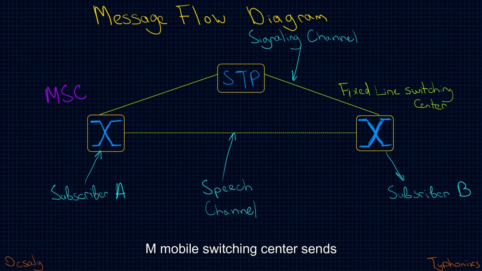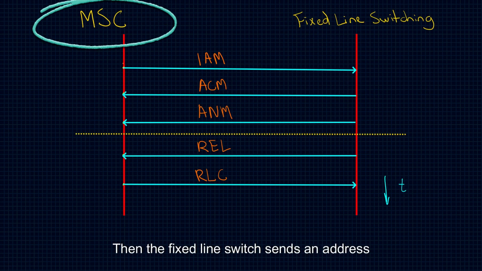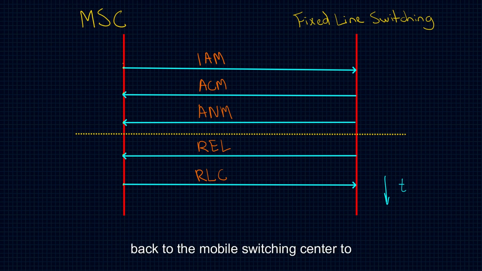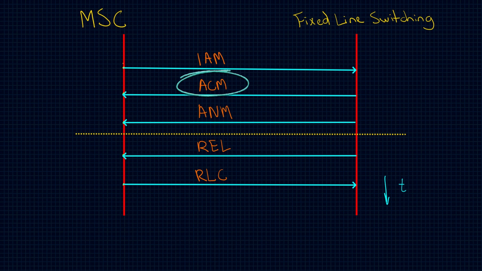The mobile switching center sends an initial address message, IAM, to the fixed line switch, indicating the call number and desired channel. Then the fixed line switch sends an address complete message, ACM, back to the mobile switching center to confirm that party B is being alerted.